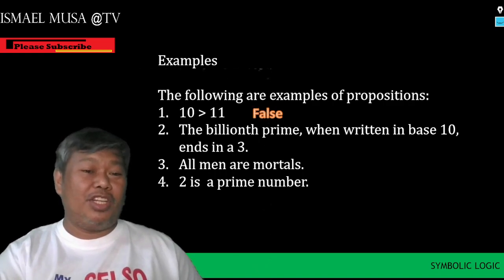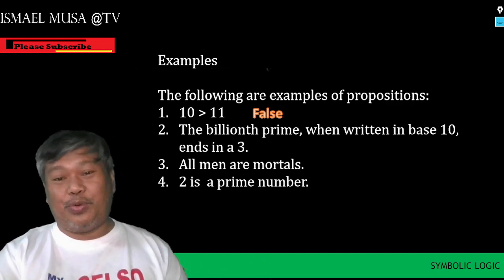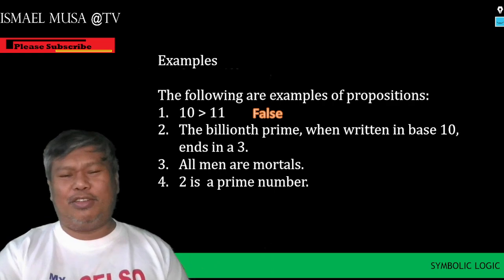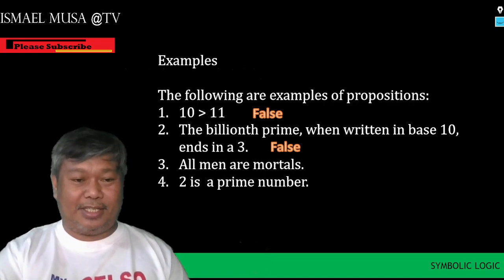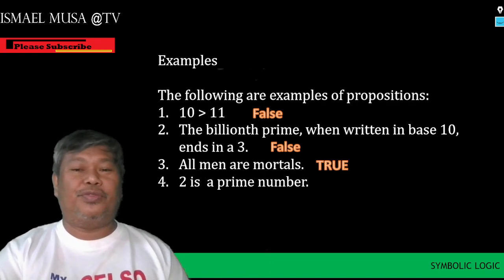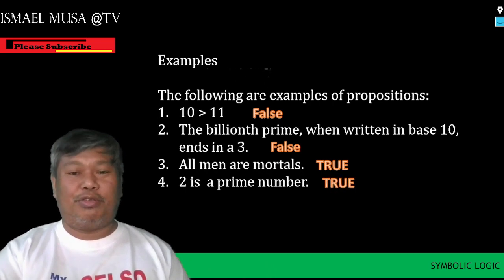The billionth prime, when written in base 10, ends in 3. So far, I don't know whether we have reached that prime, so it's false. All men are mortals. That's also true, because we are human beings. 2 is a prime number. Of course, that is also true.